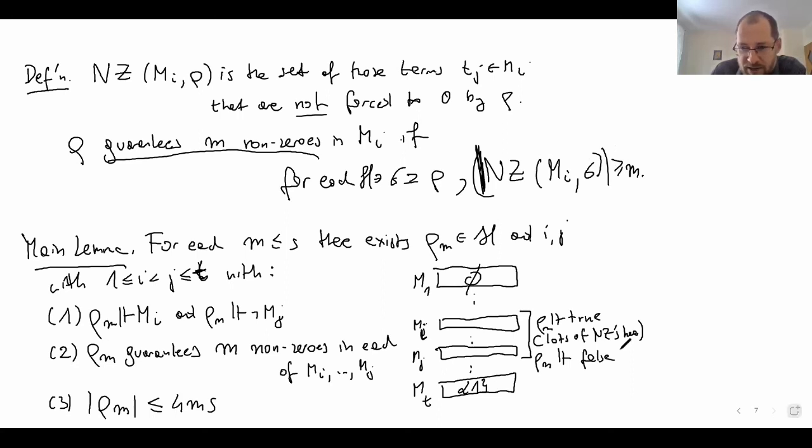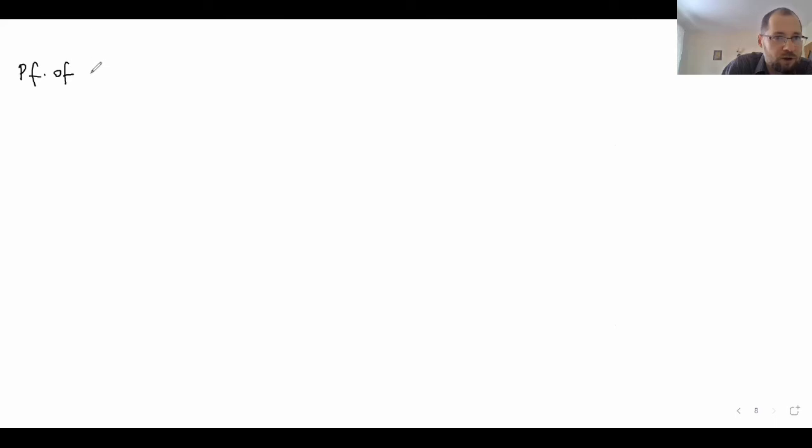So let's discuss why this leads to a contradiction. Proof of contradiction from the main lemma.